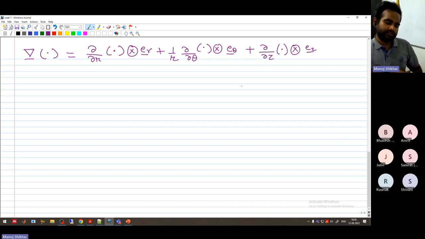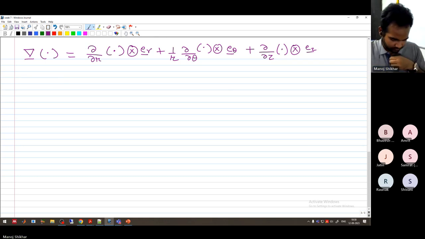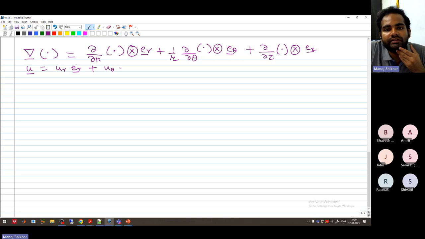Now, since we are dealing with the cylindrical coordinate system, we write our u vector in the cylindrical coordinate system: u r e r plus u theta e theta plus u z e z.